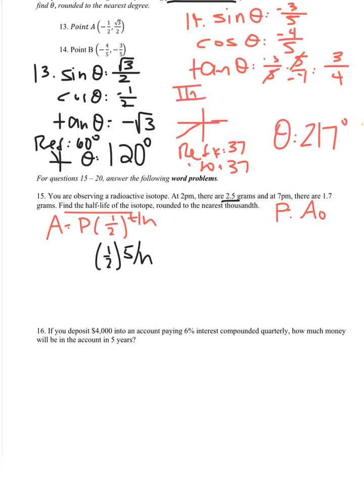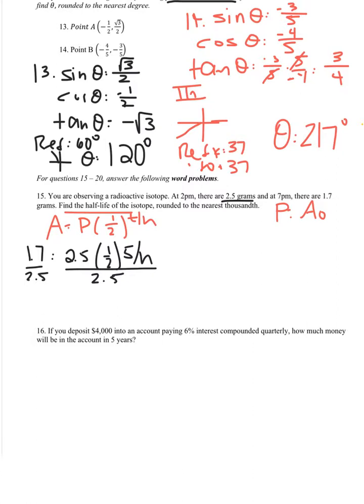And then here, you're starting at 2.5. So 2.5 is going to come here. And then 1.7 is your final amount. Remember, half-life, you're getting smaller. So your initial amount should be larger than however much you end up with. So the first thing I have to do is divide by 2.5.